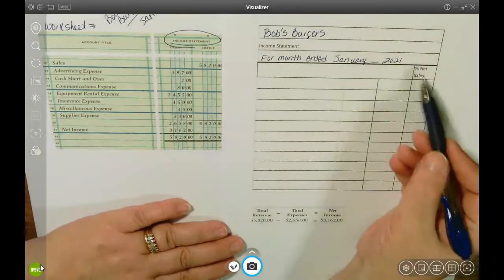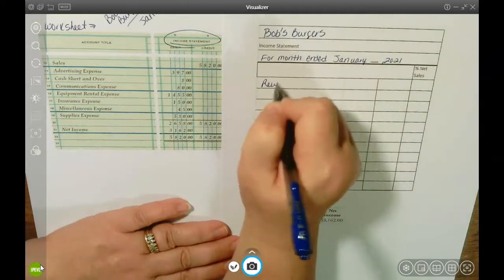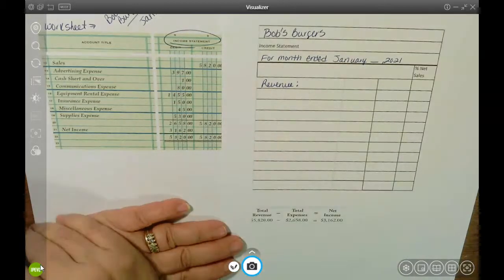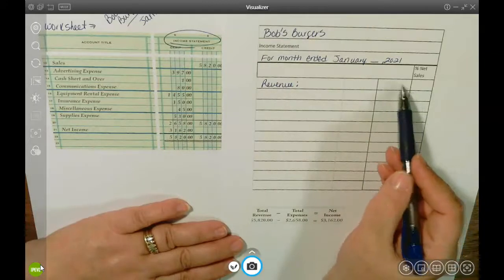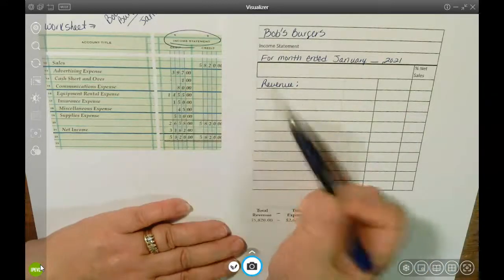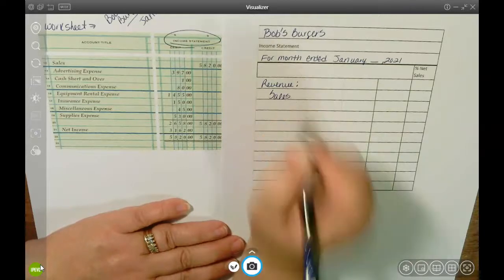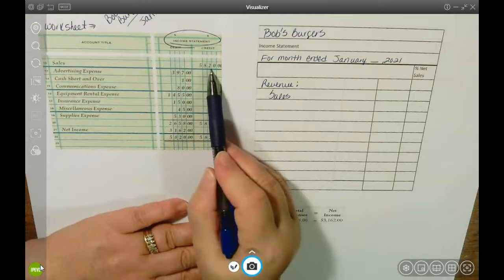The next piece, we know from looking at it before, we write in the word revenue and we put a semicolon. Nothing is written here. Then we go through and list the revenue accounts. We will indent sales. According to the worksheet, the business sold $5,820 worth.